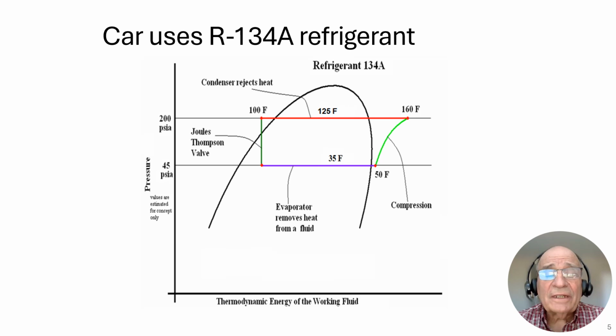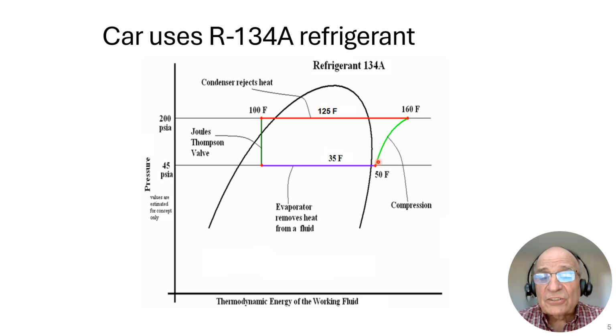So let's take a look at the same refrigerant process on a pH diagram. That's pressure enthalpy. And I'm showing pressure on the y-axis and enthalpy on the x-axis. And the enthalpy is nothing more than the thermodynamic energy of the working fluid, which in our case happens to be R134A.